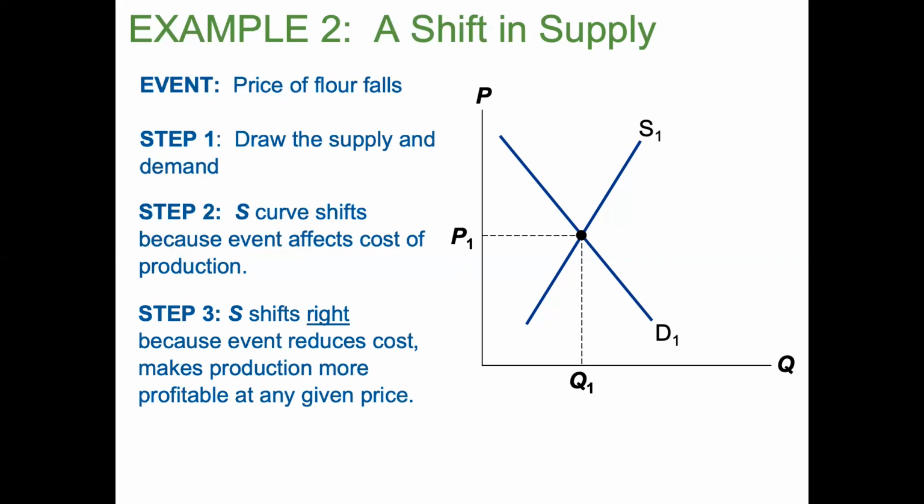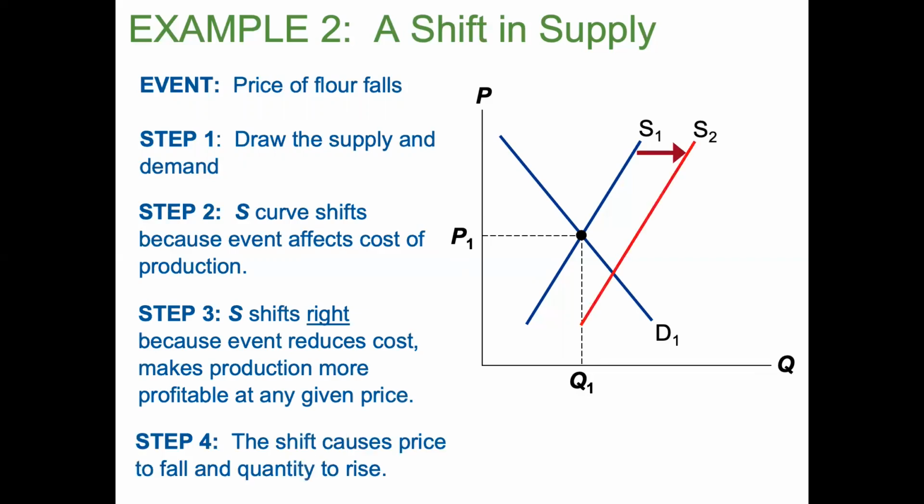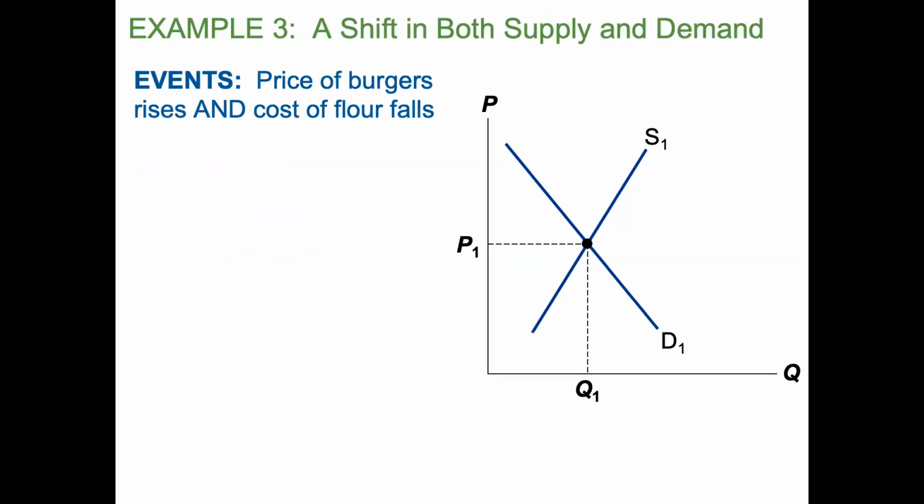Step 3, supply shifts to the right because the event reduces costs. It makes production more profitable at any given price. Finally, compare the initial and the new equilibrium. The shift causes price to fall and quantity to rise.